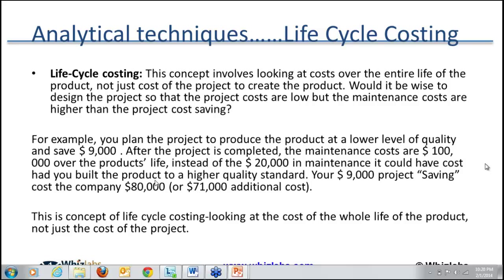Or if we reduce the initial profit which we got after cutting the quality, we would have at least got 71,000 additional benefit. So this is the concept of life cycle costing, the cost of the whole life of the product, not just the cost of the project. I hope this life cycle costing is clear.